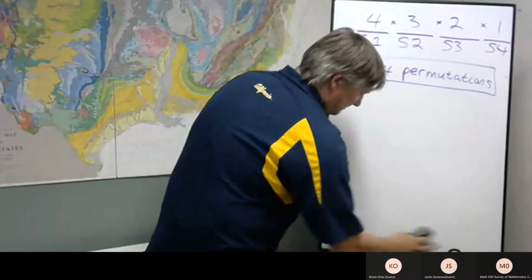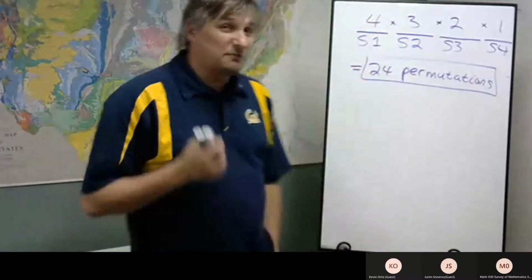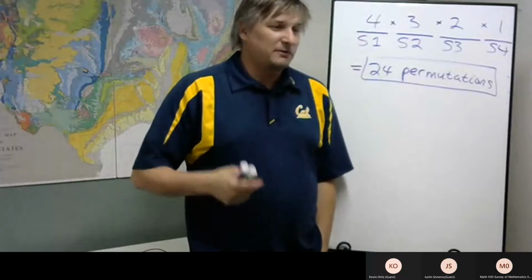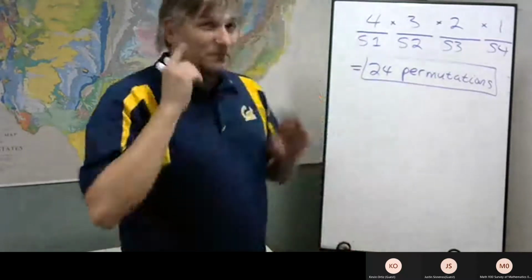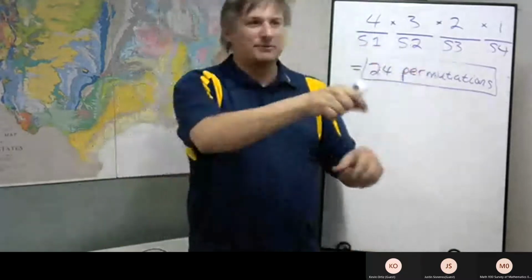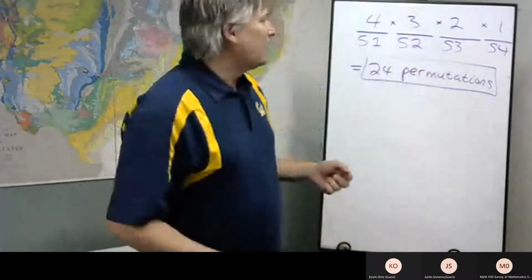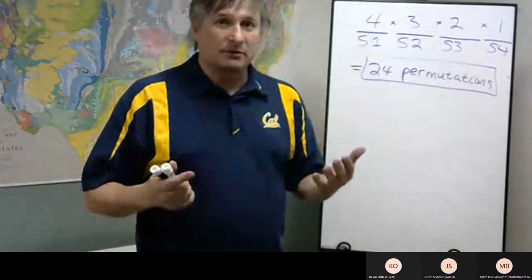Now, in mathematics, we look for shortcuts. We're always looking for patterns that make our lives easier. So is there a pattern that we see here? Do we have to think it through every time, like a hat or drawing tickets kind of thing? No, we don't. Notice that we have 4 objects.